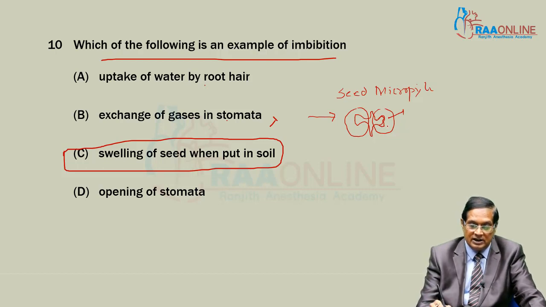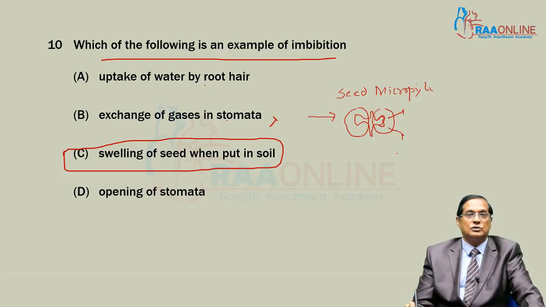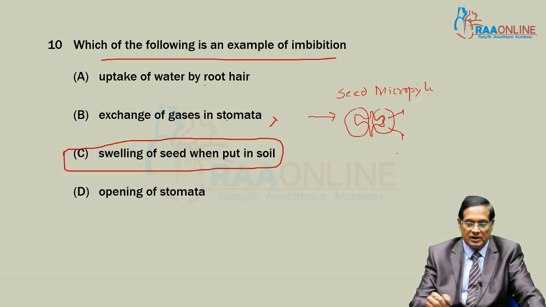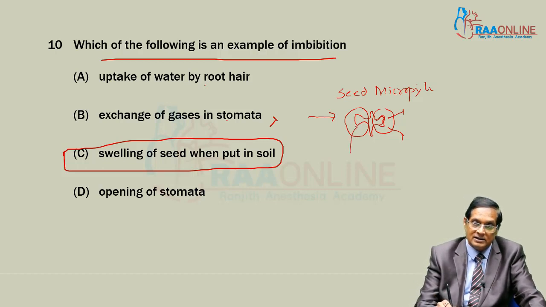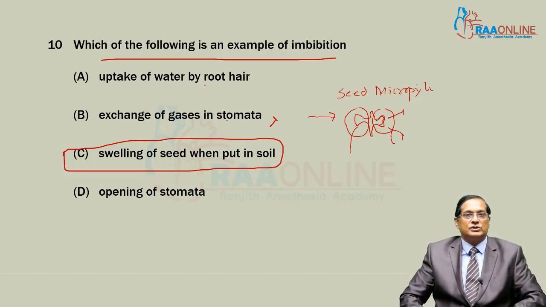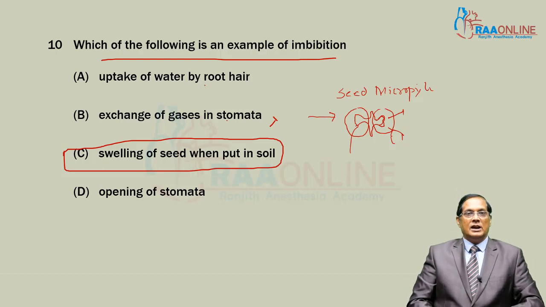In both the cases, protein is also hydrophilic in nature, and similarly starch is also. So water enters in them and they swell up, and pressure exerted by the imbibition is responsible for the rupturing of the seed coat.